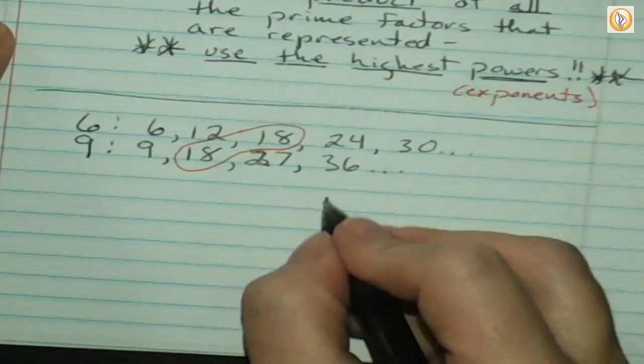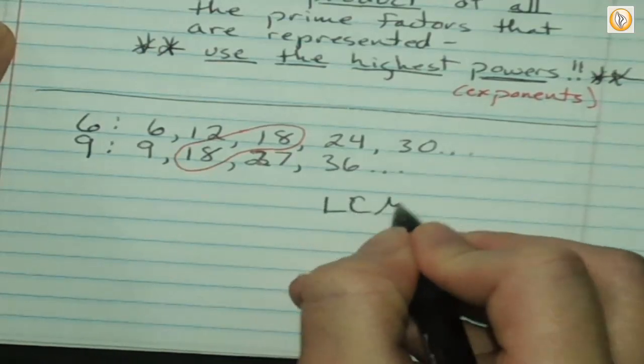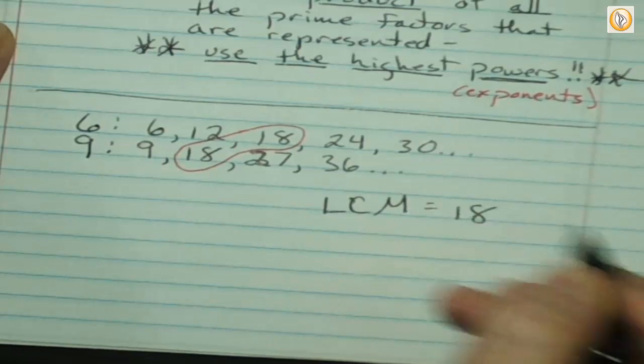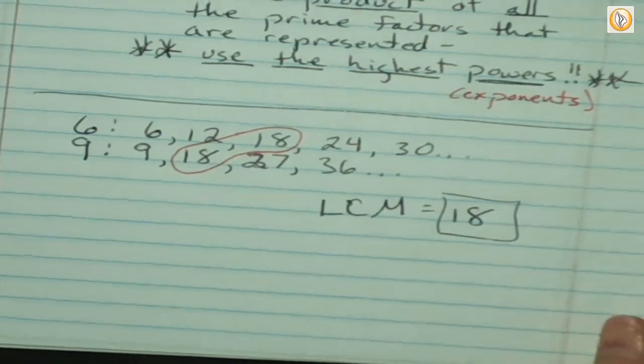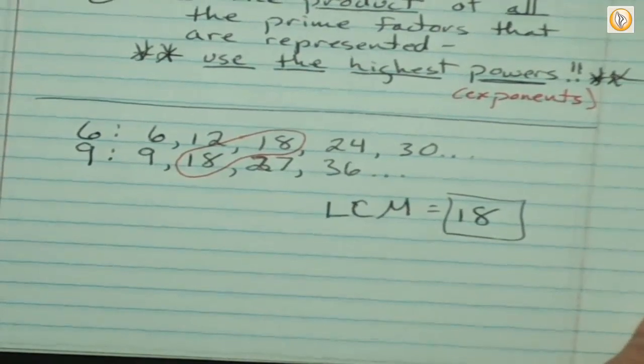So your least common multiple is 18. You understand what we're doing today? Yes. Okay. But you know that your questions aren't going to be that easy, where you can just list the multiples and figure it out. There's a little bit more to it. Does everyone have this down? All right.